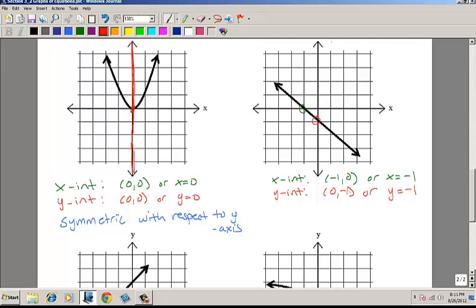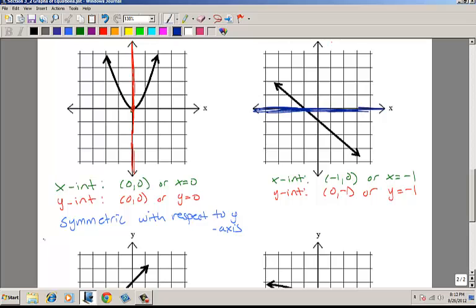Well, now I need to look at symmetry. If I fold this over at the y-axis, would I get the same thing on both sides? No, I would not. I know that I'm not symmetric with respect to the y-axis. Let's see if I'm symmetric with respect to the x-axis. Remember, in order to be symmetric with respect to the x-axis, I need to fold along my x-axis and the top and bottom would match.